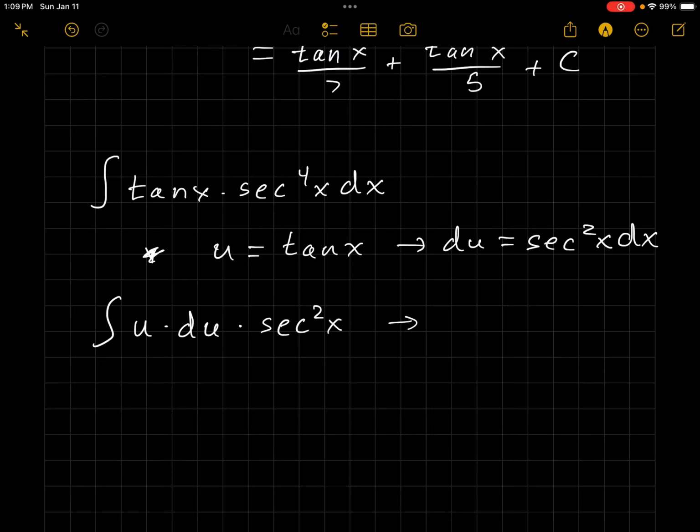But as we know from above, that secant squared can be written as tan squared plus 1. And I will leave the rest of this up to you.